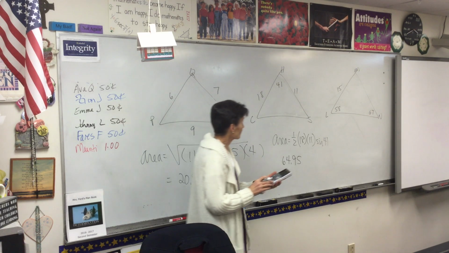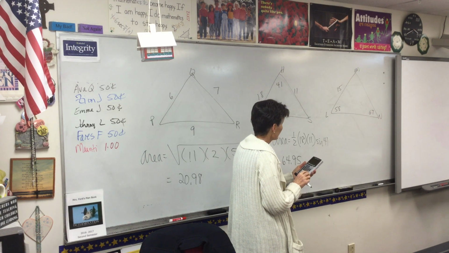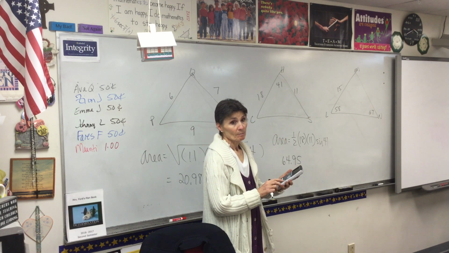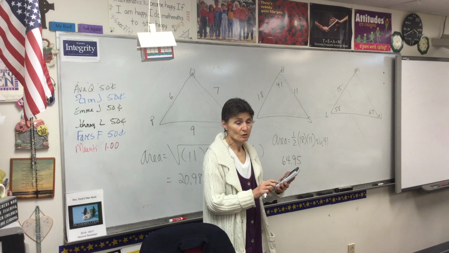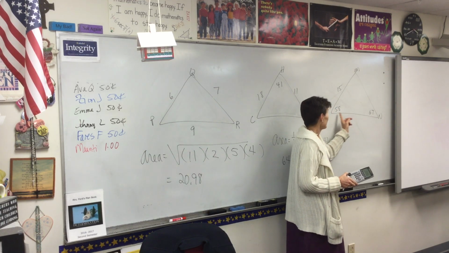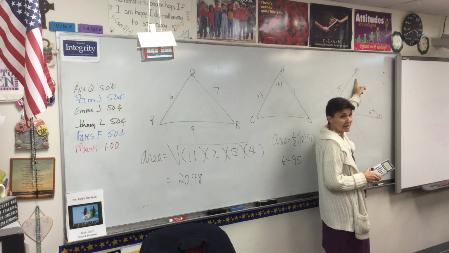Once you find that side, can you use either 58 or 67? It depends which side you find, because the angle has to be between the 2 sides that you're using. So if you find this side, you're gonna have to use 58. If you find this side, you're gonna have to use whatever that angle is.